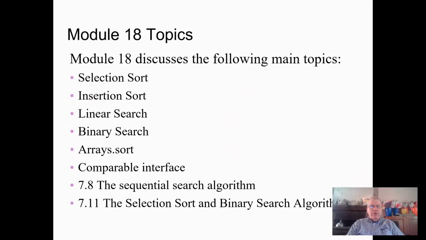First of all, the question is, why do we want to sort something? Sorting means putting it into some order. The reason is that several searches are much quicker if they deal with sorted data.